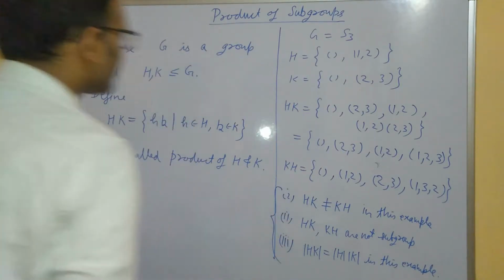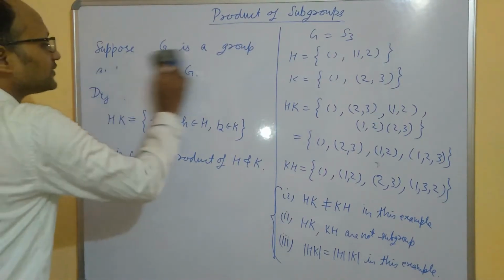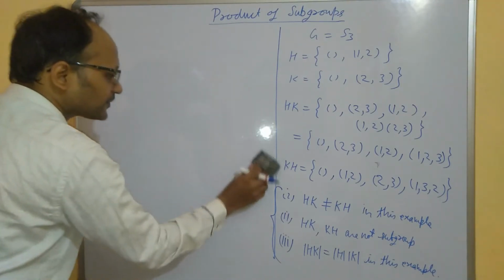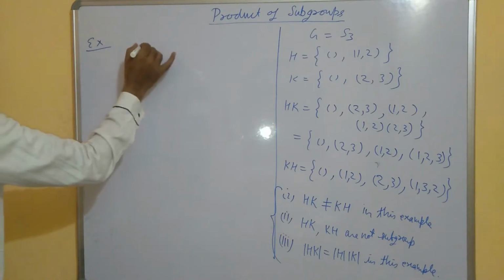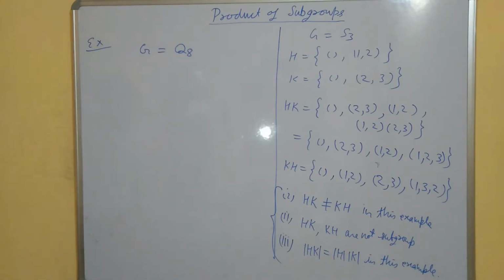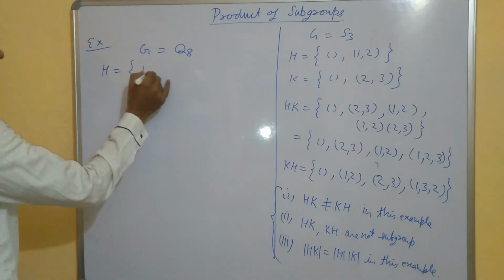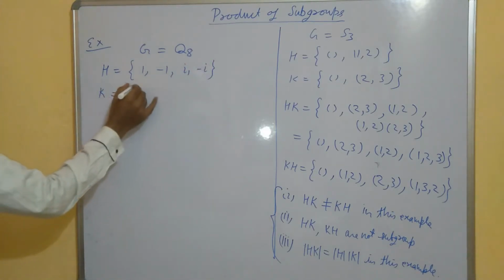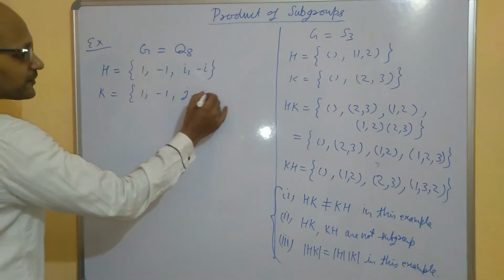So let us take another example. Suppose I am taking G to be the group Q8, and take H to be its subgroup {1, -1, i, -i} and K to be {1, -1, j, -j}.